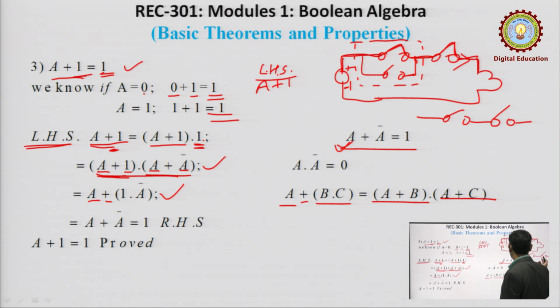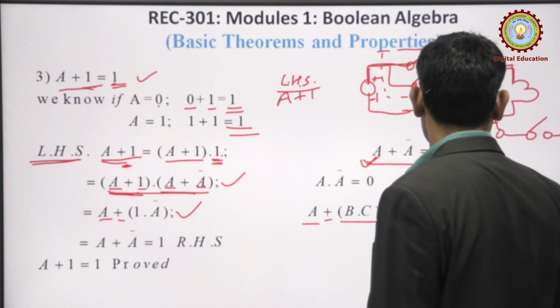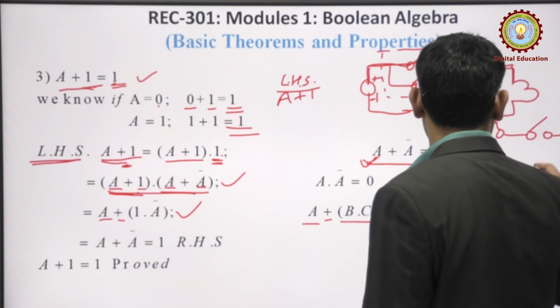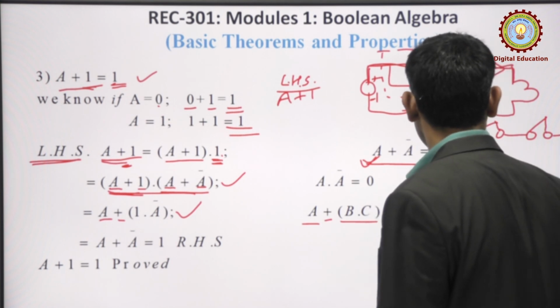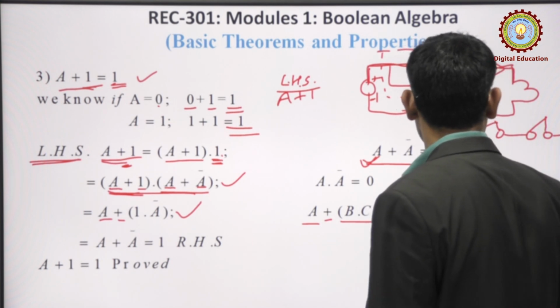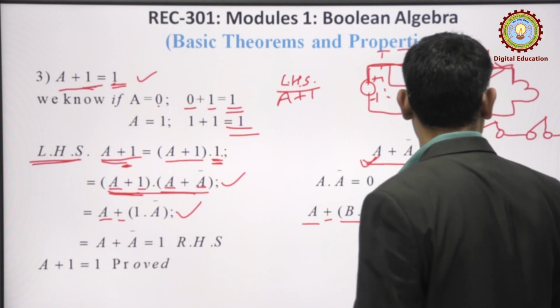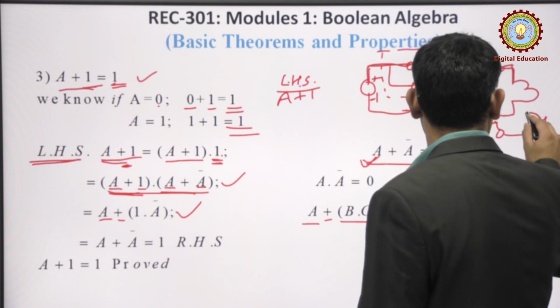Both the switches are connected in series, and one always remains closed, but the second one is the A bar. Okay. So, if A is equal to 1, then it will remain closed, and we will get some output. If A is equal to 0, sorry, this is A bar. So, if A is equal to 1, it will be closed. If A is equal to 0, it will remain open.